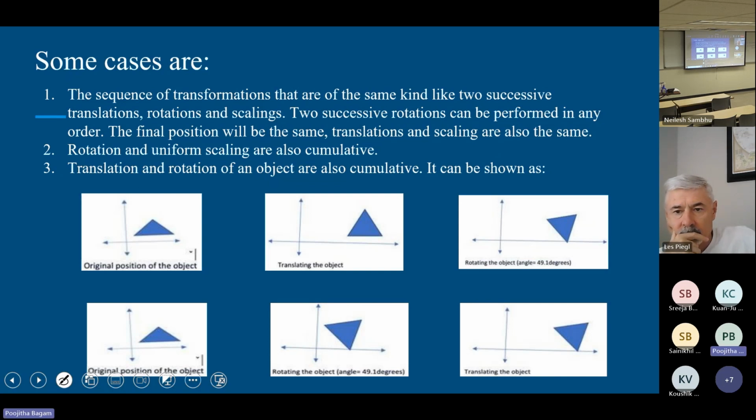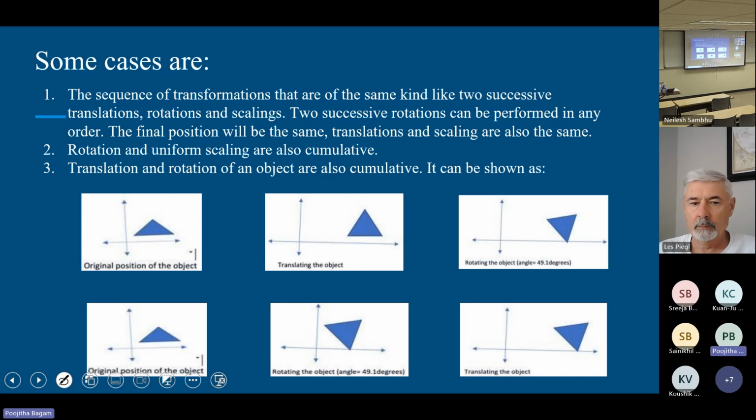So if we take 2 successive translations, we can perform them in any order. In the second case, rotation and uniform scaling are also commutative. First we can scale the object and then rotate the object, or first we can rotate the object and perform uniform scaling. Both ways result in the same final position of the object.